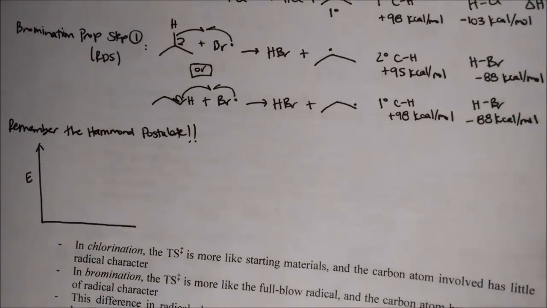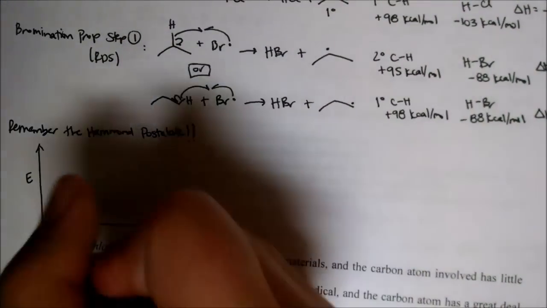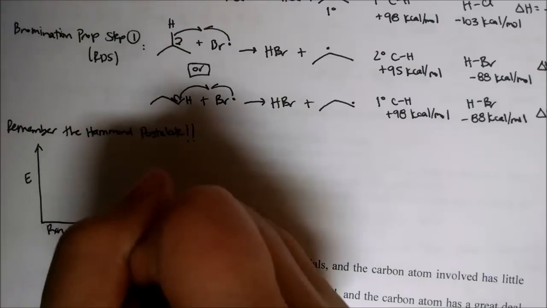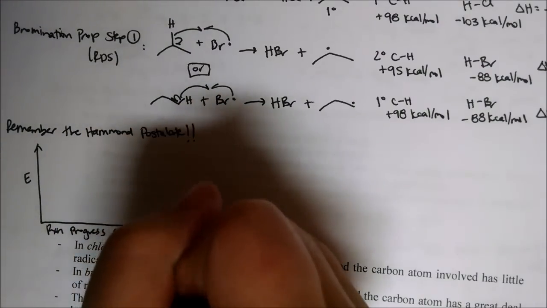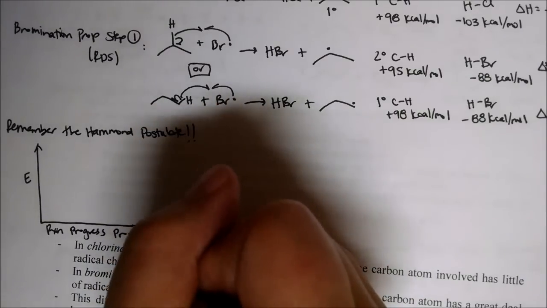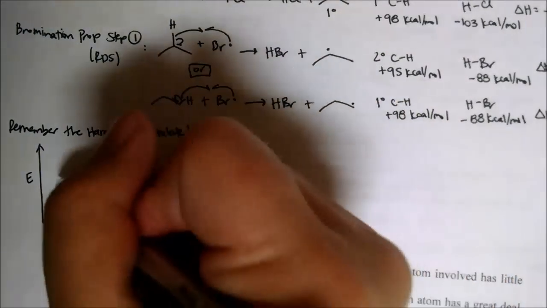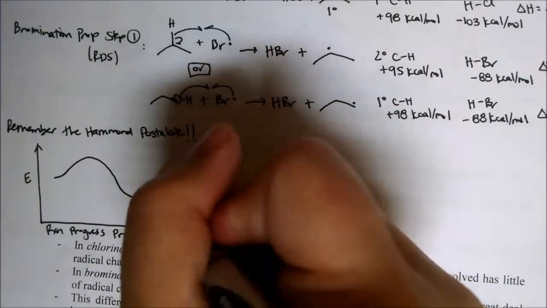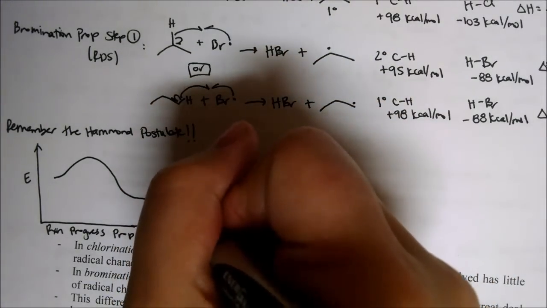Okay, so the product of that intermediate step, this is reaction progress, and this is propagation step 1 only. So we're going to be exothermic, and let's label this one as our primary radical.